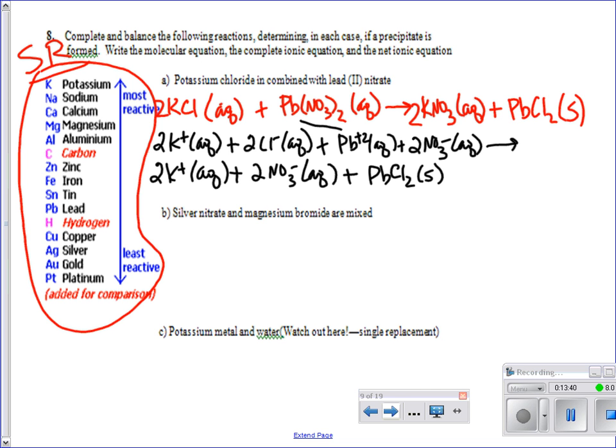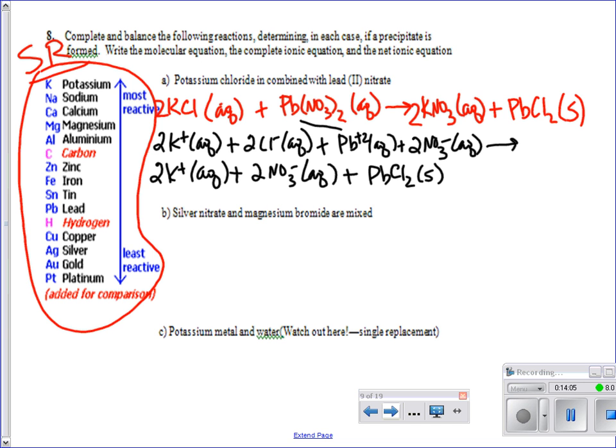Yay! Now I can get my net ionic by canceling out things that are the same on both sides. By the same, I mean same in number, same in charge, same in state of matter. If any of that is different, you either made a mistake in balancing, or it just doesn't cancel. If an oxidation state changes, it doesn't cancel. It's not the same anymore.